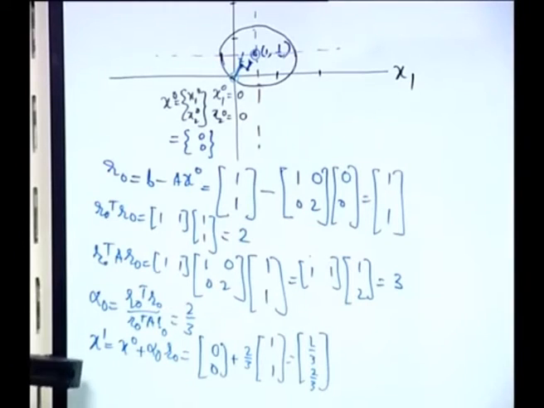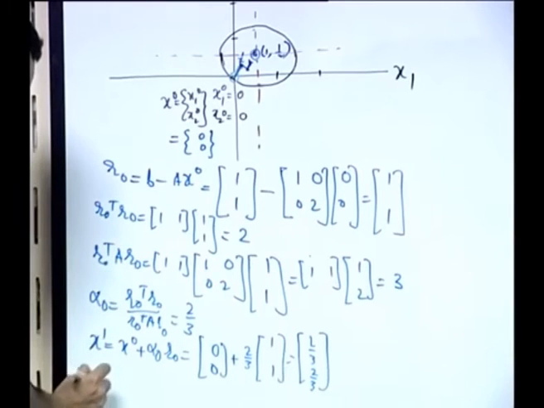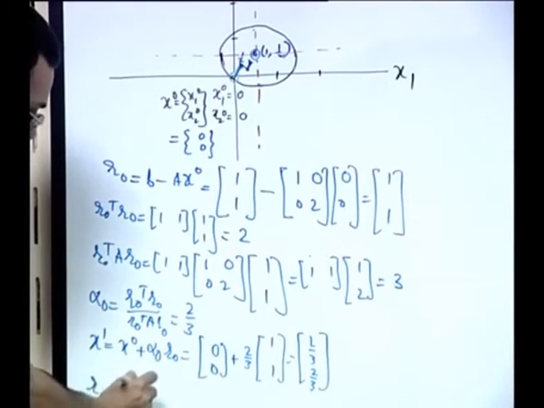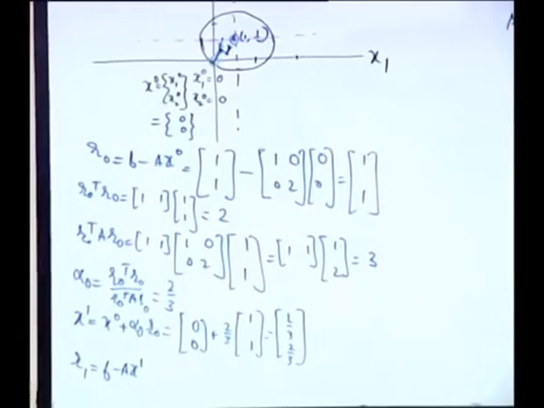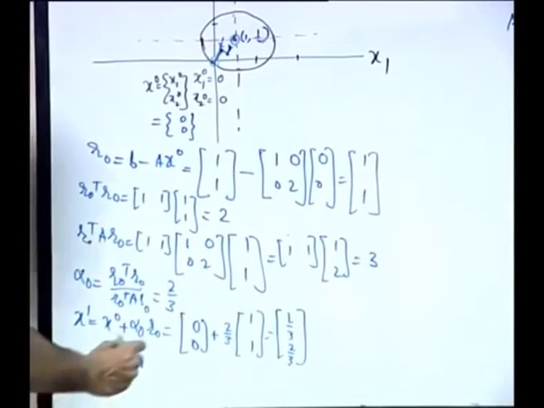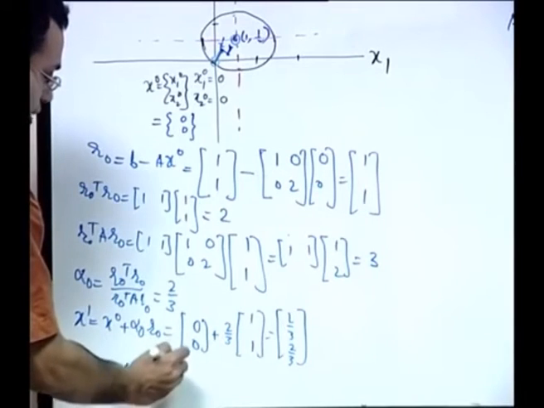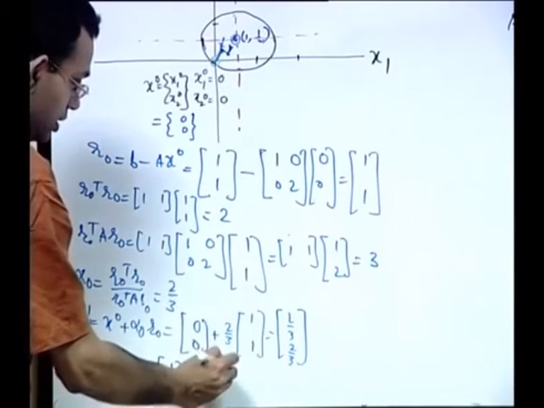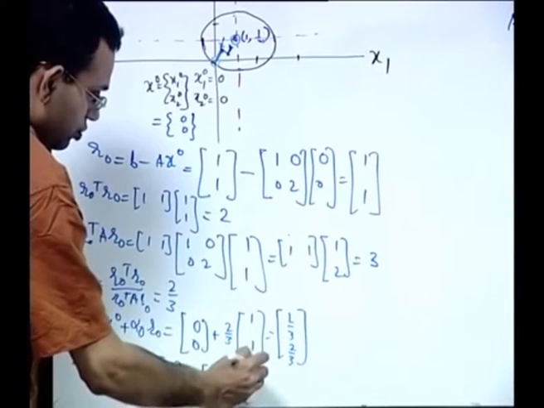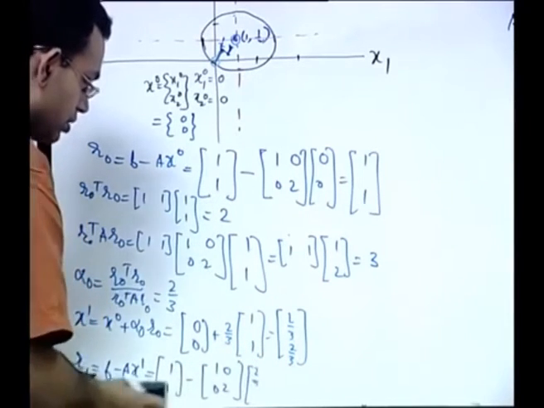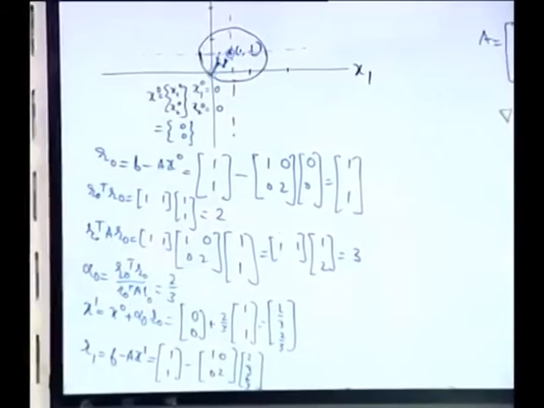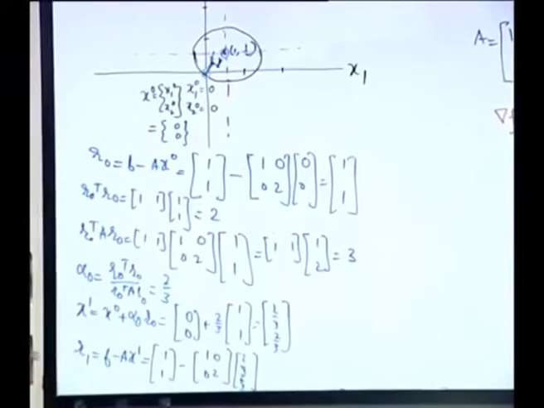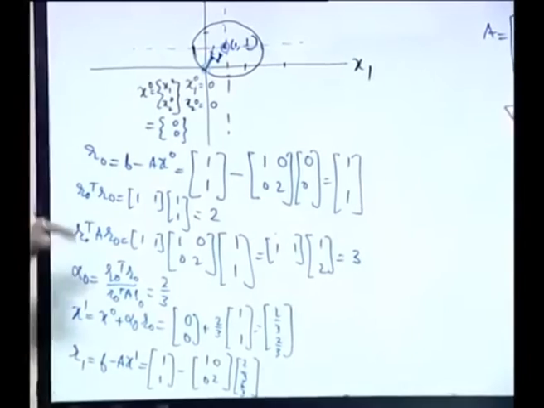Then you can calculate the next. What is R1? So R1 is B minus AX1. So 1 1 minus 1 0 0 2 into 2/3. Let us not go into these lengthy calculations again, because by this time we have understood the sequential steps.